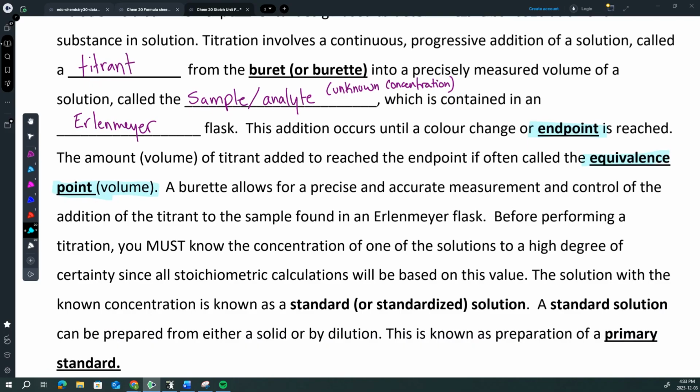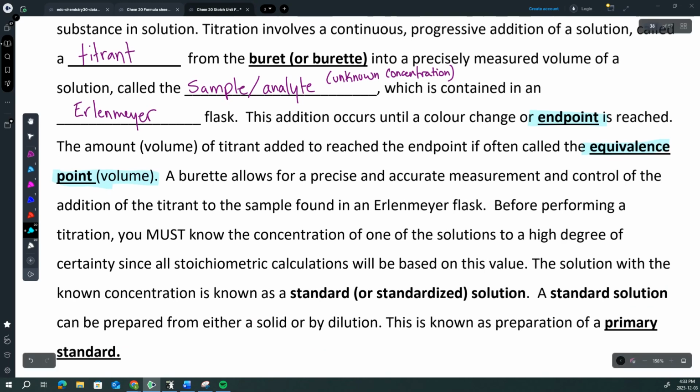And before performing a titration, you must know the concentration of one of the solutions, which oftentimes is going to be the solution in the burette that you know the concentration of to a very high certainty, since all stoichiometric calculations will be based off of this value.